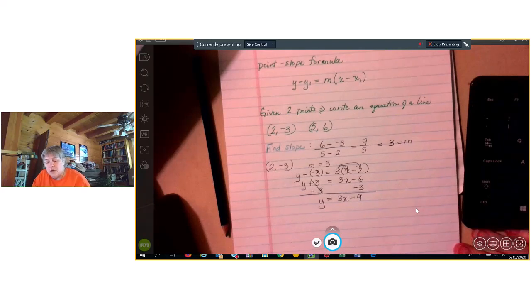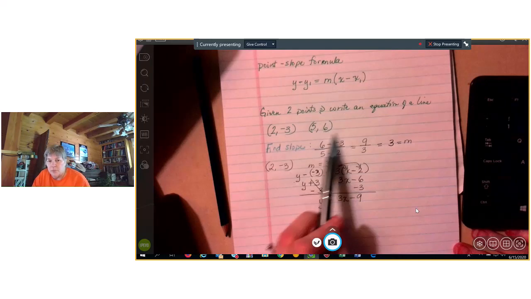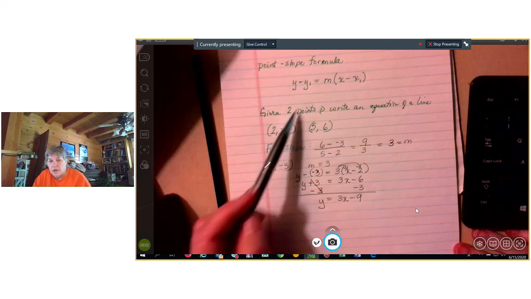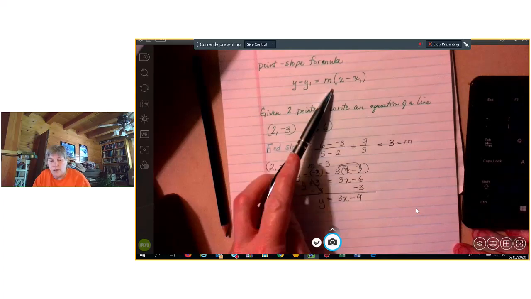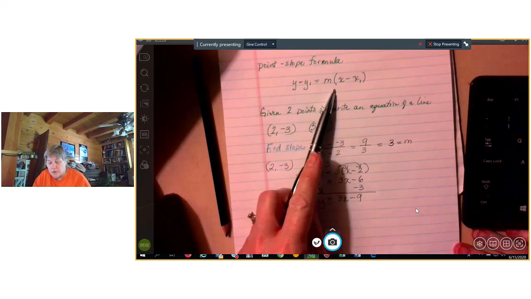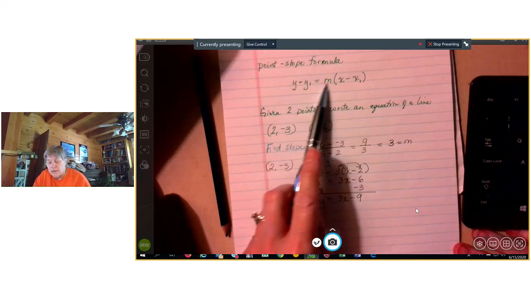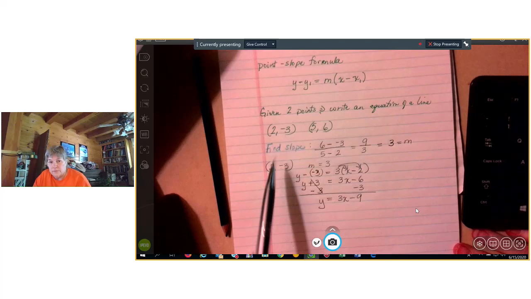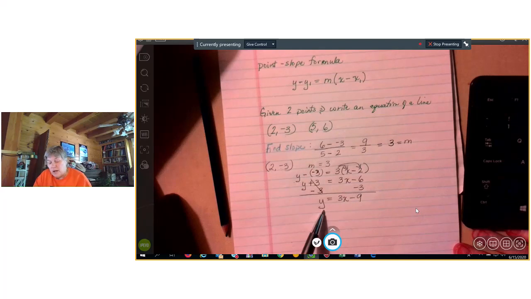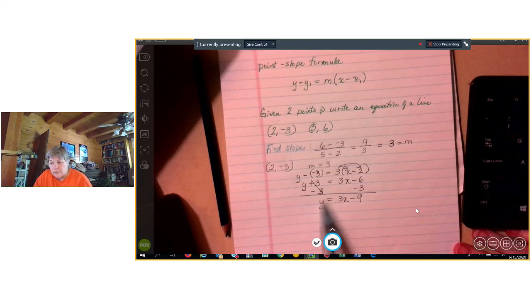So don't let this scare you. If you're given 2 points, work with what you know. You know how to find a slope. You know that we have a point slope formula, either way you want to put it. So I can just put it in here and then work it out. And then if you're asked to find an equation of a line that's perpendicular to this or one that's parallel to this, then you can do that.